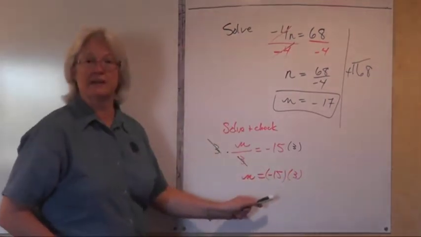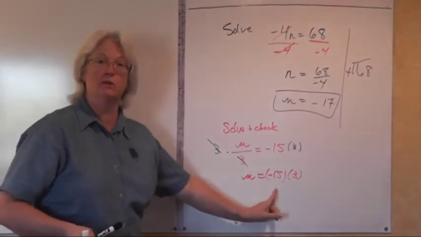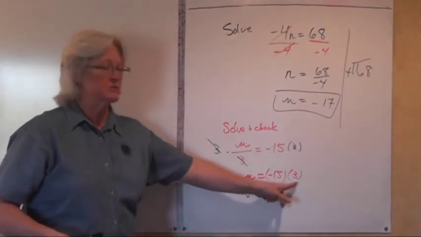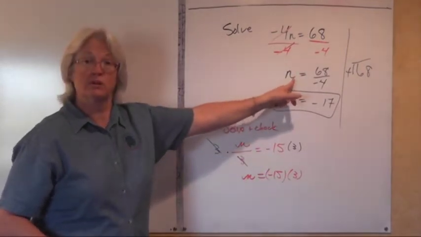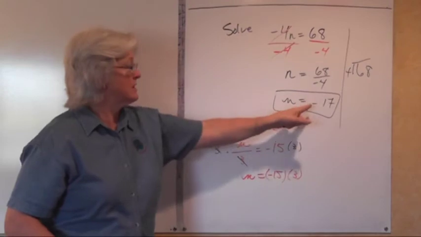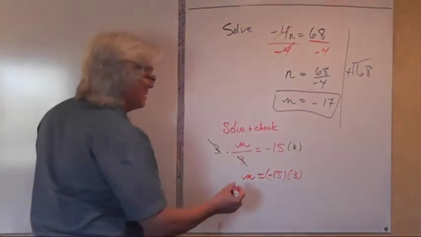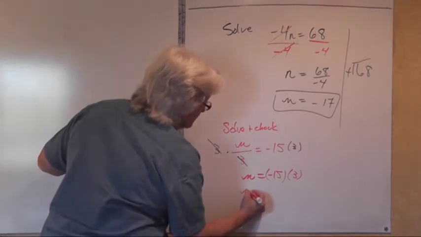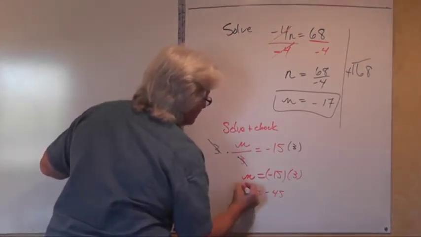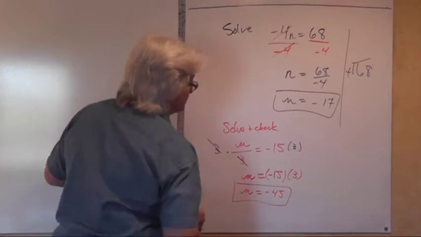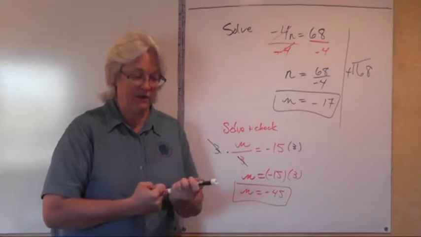You don't have to write this extra step. I'm just doing it to illustrate to you that we now are finding the product of oppositely signed numbers. Just like the quotient of oppositely signed numbers is negative, the product of oppositely signed numbers is negative also. So we have n is equal to a negative 45.